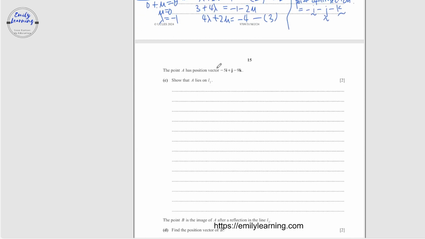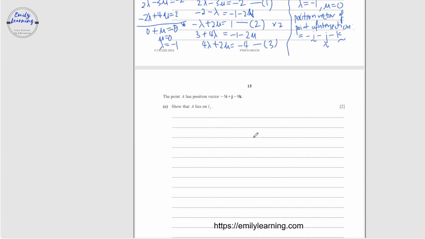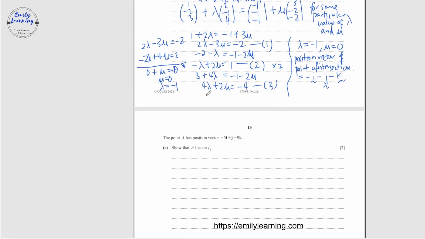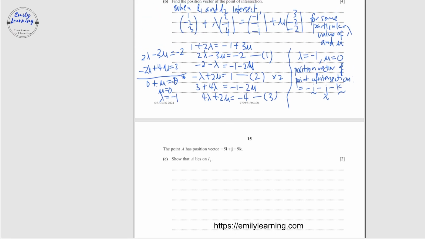Next, the point A has a position vector of minus 5i plus j minus 9k. Show that A lies on L1. So if A lies on L1, it must satisfy the equation of L1, right?